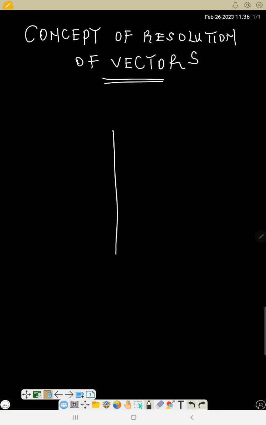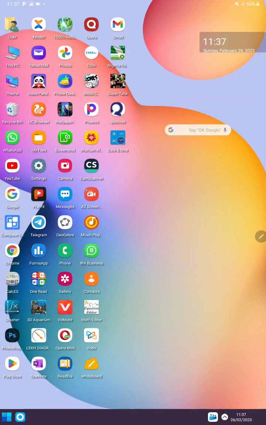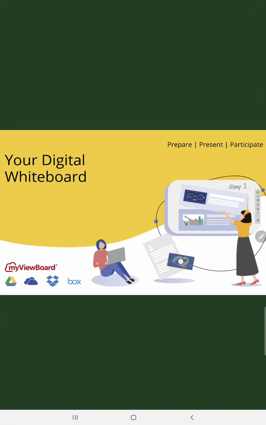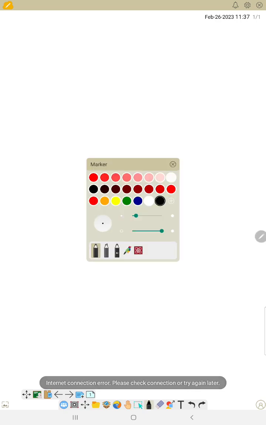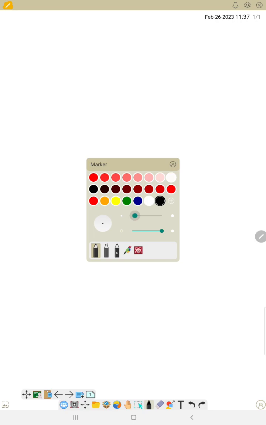So here, any force facing up is plus, any force facing down is minus.